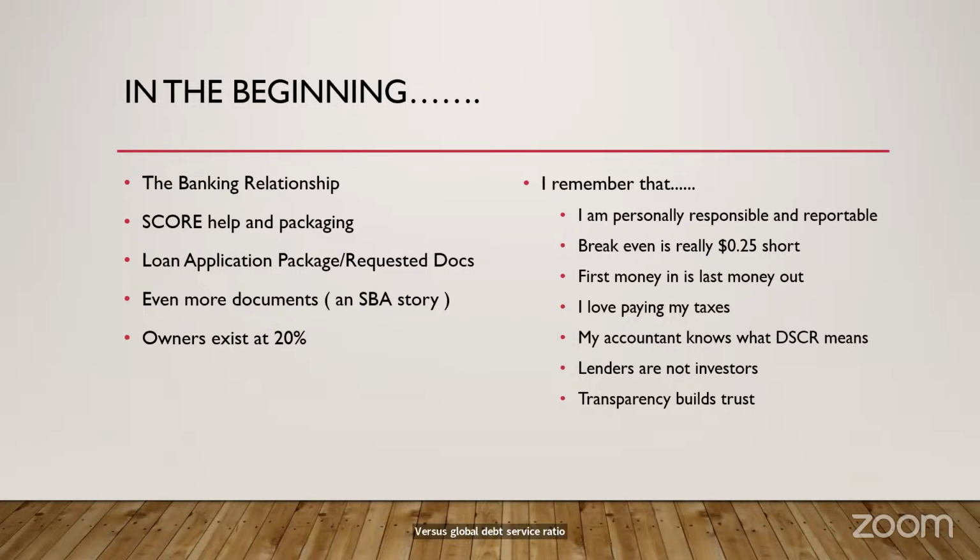It's important to note that you ought to love paying your taxes. I know as a business owner, you want to write off as much as you can just to pay the least amount of taxes, but that can decrease your chance of getting a loan. And I say that because your accountant should know what debt service coverage ratio means, which is DSCR.